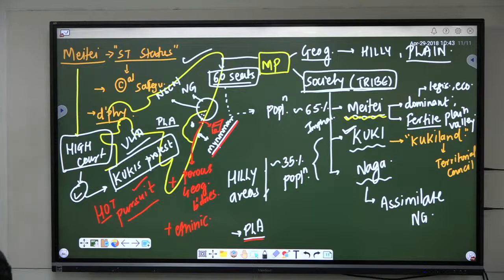Okay, this is the basic. Next point. Recently, violence in Manipur erupted due to Kuki and Meitei violent clashes.